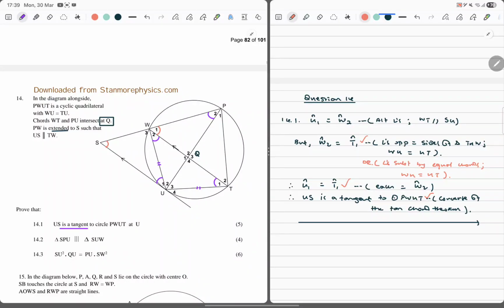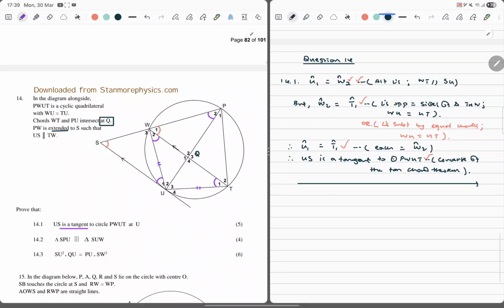That statement is good together with the reason. We get 2 marks for one and then 2 marks for the other, 1 mark for the other, it doesn't matter, guys. 5 marks is in the bag. For me, this should have been just 4 marks. Anyway, so that was 14.1.